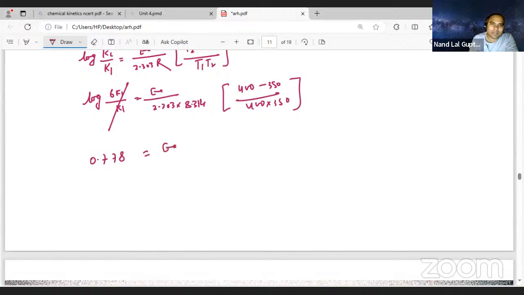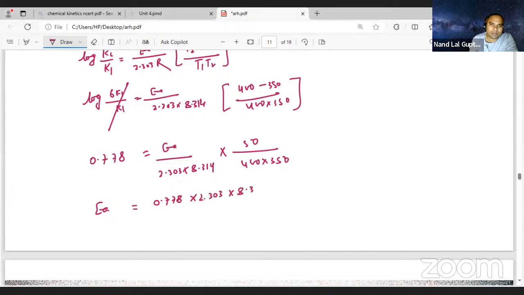Is equal to activation energy upon 2.303 multiplied by 8.314 multiplied by 50 upon 400 multiplied by 350. Activation energy is 0.778 multiplied by 2.303 multiplied by 8.314 multiplied by 400 multiplied by 350 divided by 50.